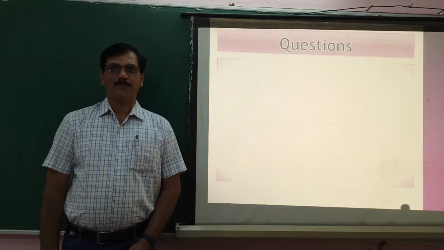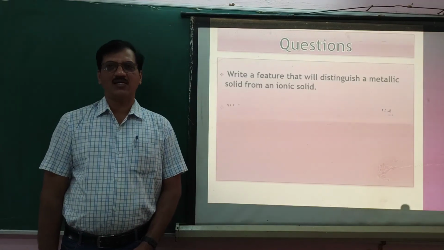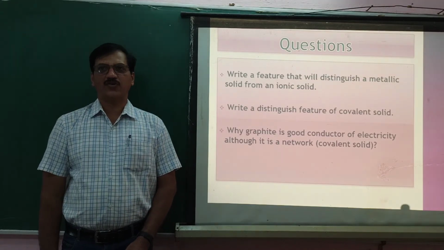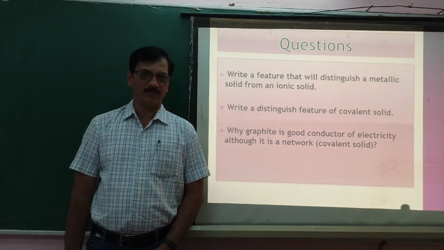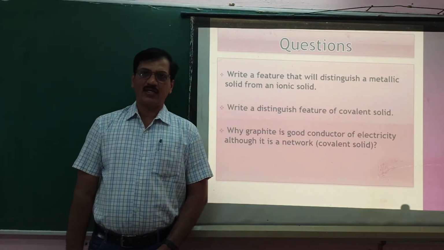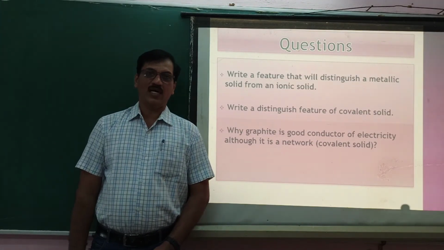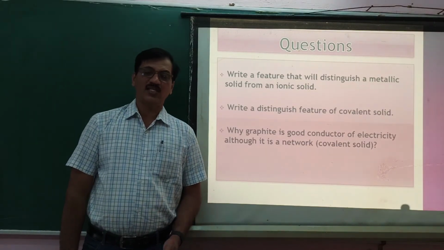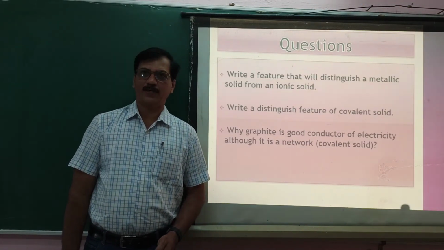Let us take up some of the questions which can be asked in this area. Write the feature that will distinguish between a metallic solid and an ionic solid. Ionic solid and metallic solid both have some property alike, like conductivity, but the reason for conductivity is different.